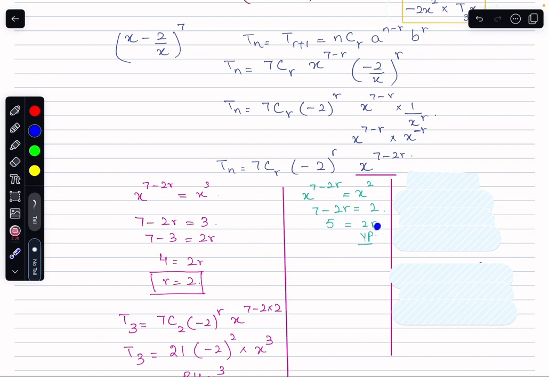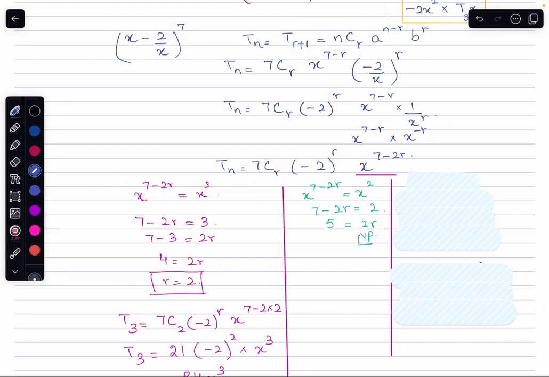And here I can see that the restriction is coming out in decimals. So when the restriction is coming out in decimals, it means that the term with x square does not exist. Meaning here for x and negative 2 by x in the expansion, when we solve this, the term in x square is not possible.